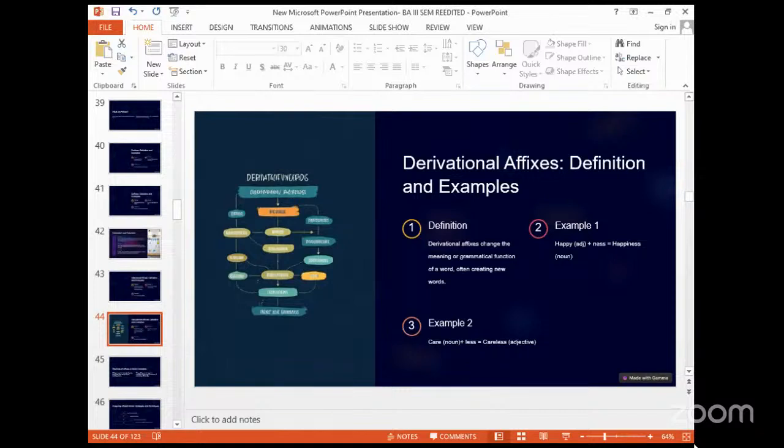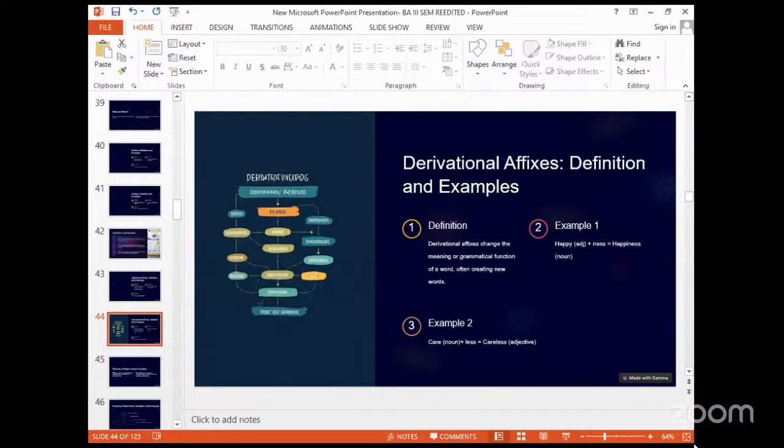So most of the time in the English language, the vocabulary increases by these kinds of derivational affixes. Next, for example, if I take happy plus ness, that becomes a noun. See, from the adjective happy, by adding the suffix ness, it becomes a noun.